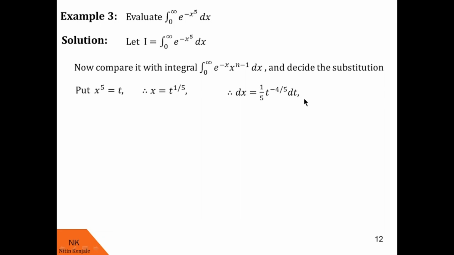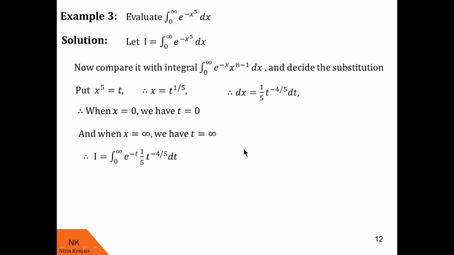Now let us see change in limits. When x is equal to 0, t will also become 0. When x is equal to infinity, t will also become infinity. Now we are all set to transform this integral from variable x to variable t.